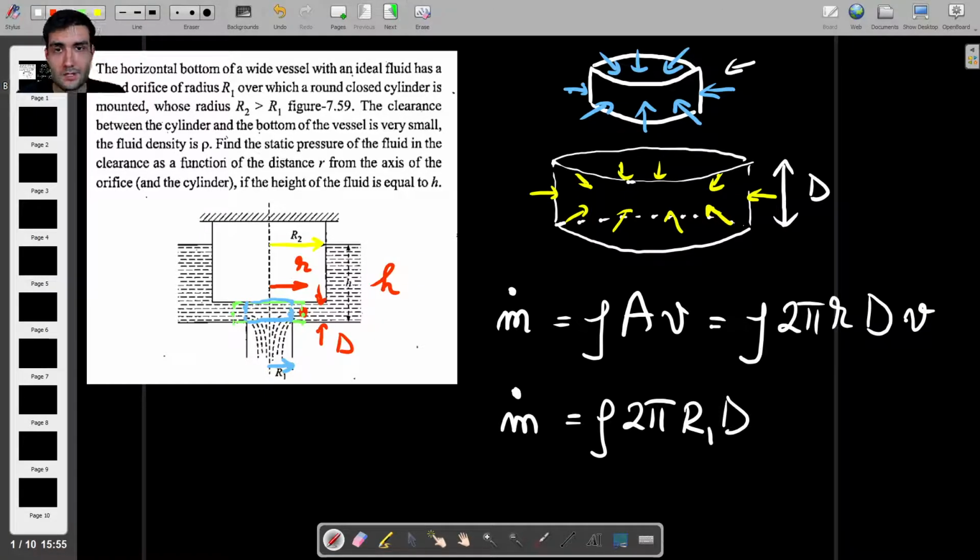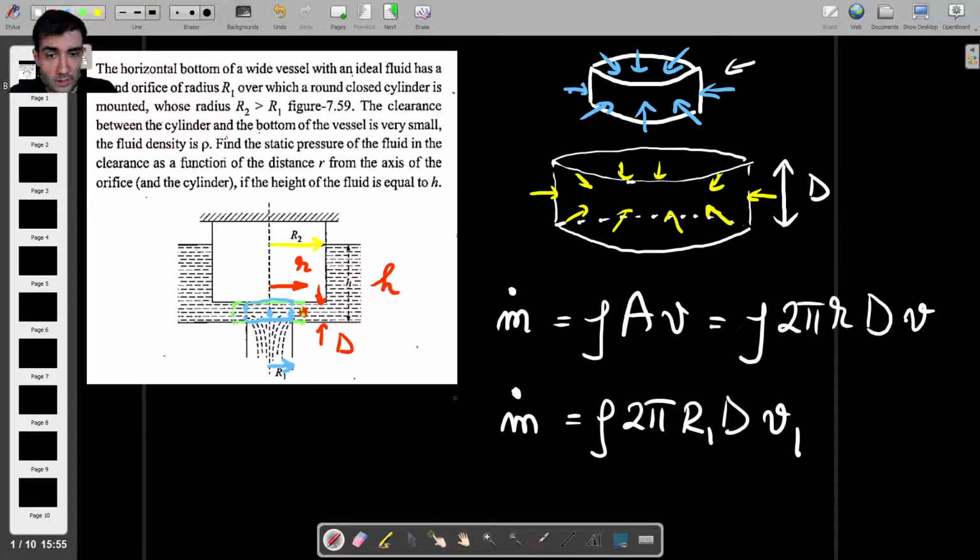So 2 pi r1 is the circumference, multiplied by d gives you the lateral area, and then multiplied by v1. What v1 is essentially is the velocity of the fluid here, the velocity with which the fluid is escaping that water tank.